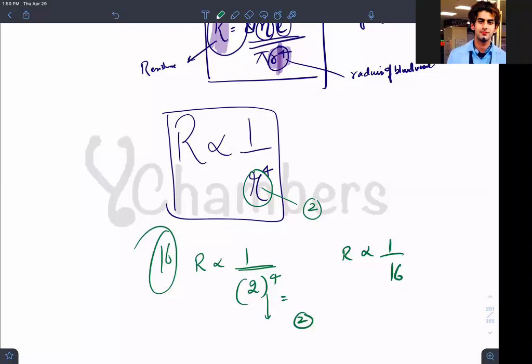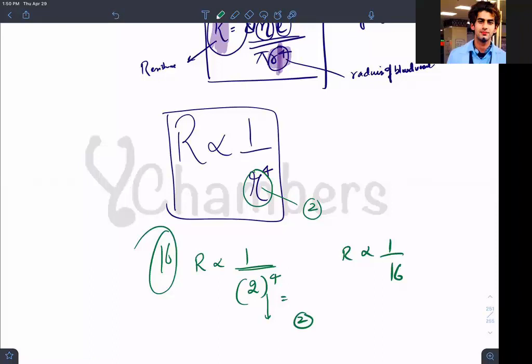So once we give 2 to the power 4, 2 2s are 4, 4 2s are 8, 8 2s are 16. The factor of 2 is increasing the resistance by 16 and blood flow decreases by a factor of 16.